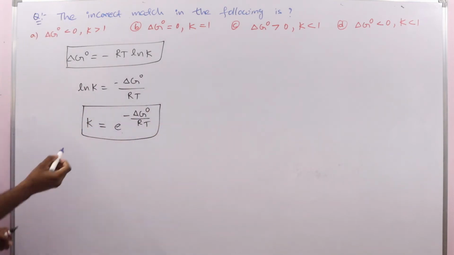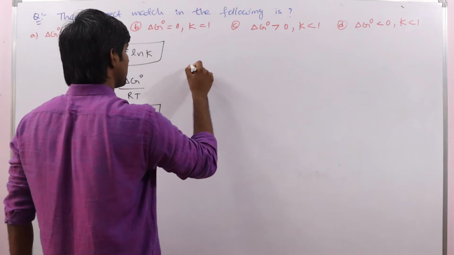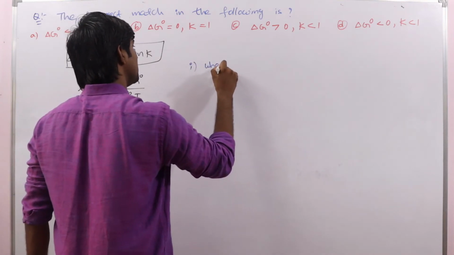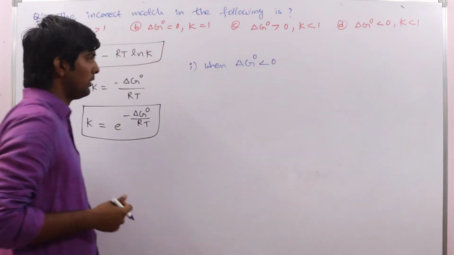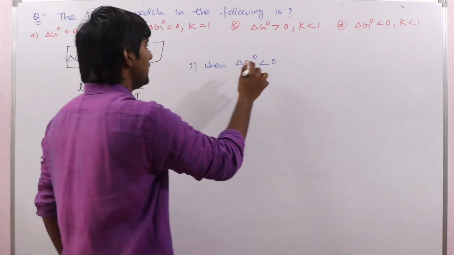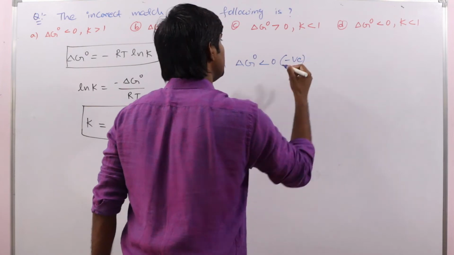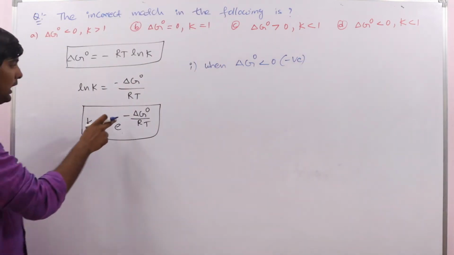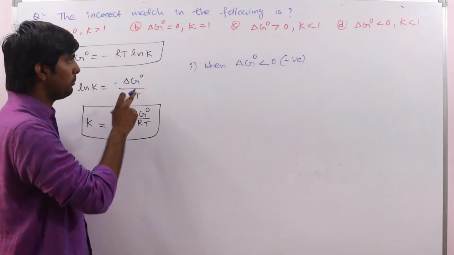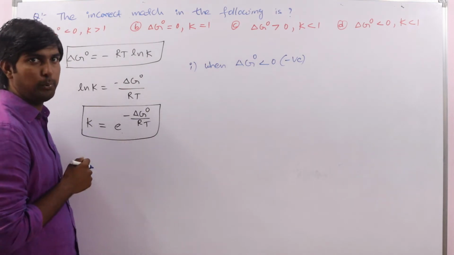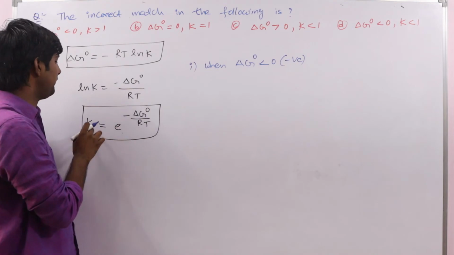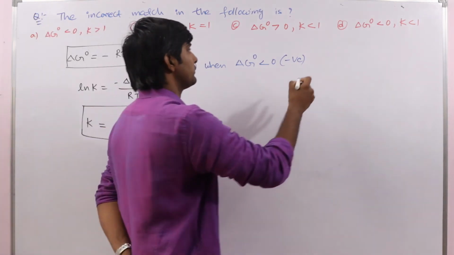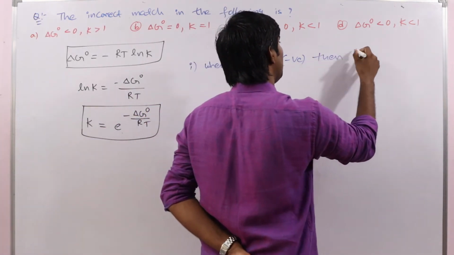Okay, see now from this one, when delta G naught is less than 0, okay, when delta G naught is less than 0 means if that is a negative, see here already we have minus, so minus into minus that becomes a plus, so this overall value will be plus, so definitely K is greater than 1.